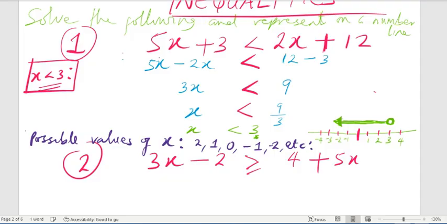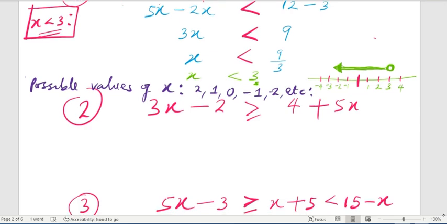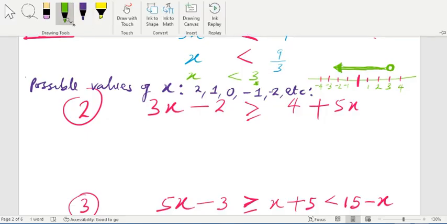Can we do the second one? Let's go. By the way, you got it. You move 5x to the left and minus 2 to the right. Interesting. So let's start with it.